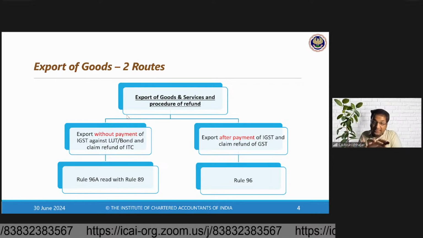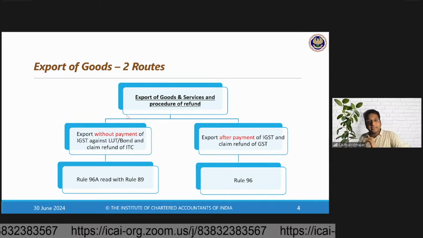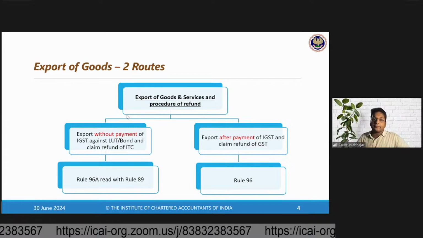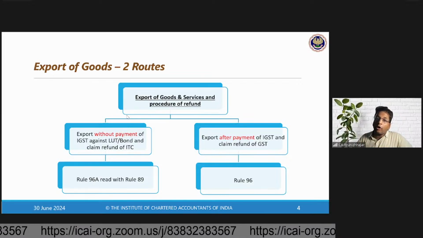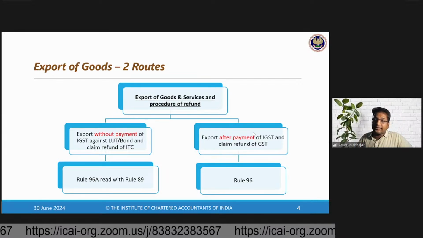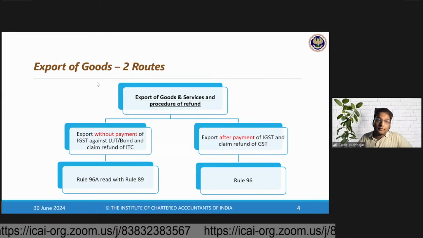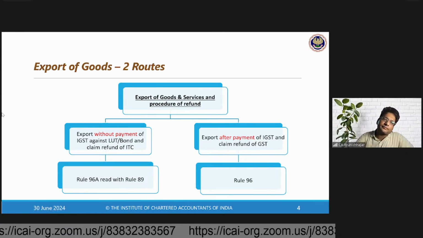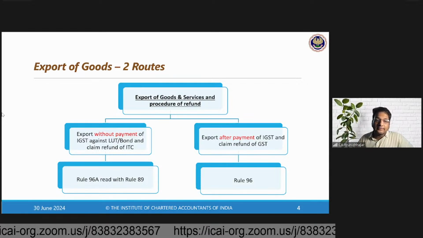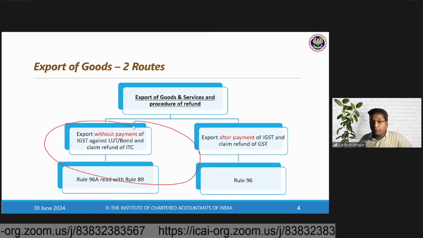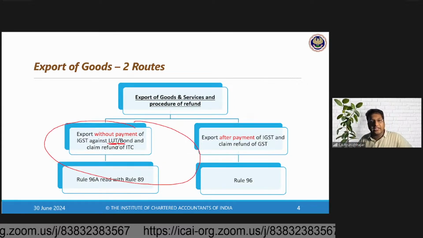It is applicable for SEZ supply of goods or services. It means I'm talking about zero rated supply. You can do the export on payment of IGST and take the refund of IGST paid. And you can export without payment of IGST, for which you need to file the letter of undertaking.